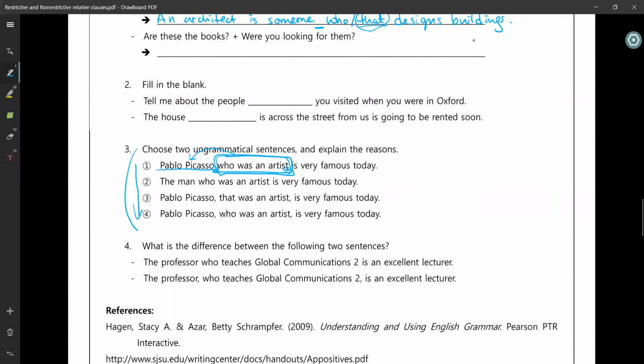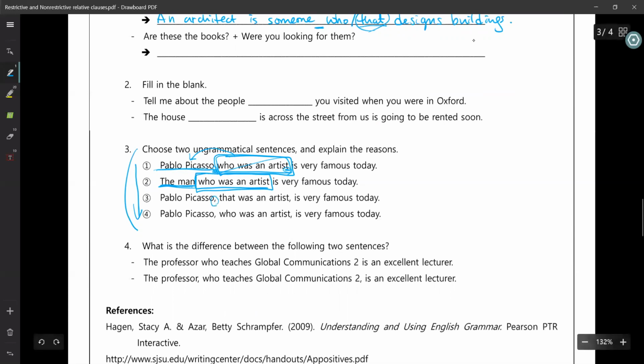We know, everybody knows. In this case, we don't need this information. We can just say Pablo Picasso is very famous today. But if we say the man, we don't know which man. What man are you talking about? In this case, this information is absolutely necessary. Who was an artist?